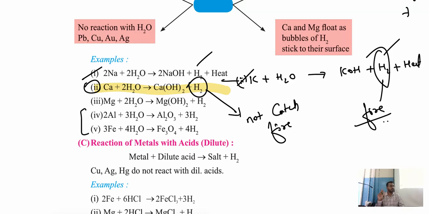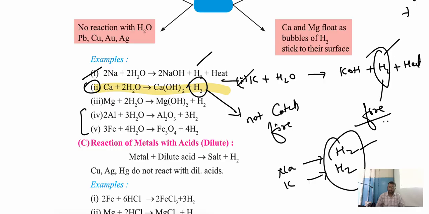Why? See here, from sodium we are getting hydrogen gas, and from potassium also we are getting hydrogen gas. This hydrogen gas will catch fire. But from calcium we also get hydrogen gas, and this hydrogen gas will not catch fire. Why? Here also hydrogen gas, there also hydrogen gas.